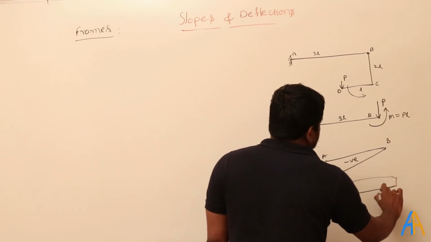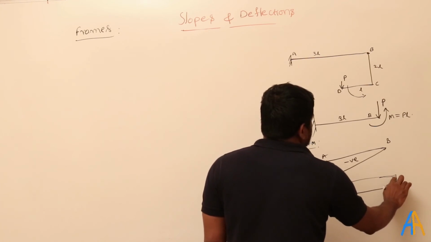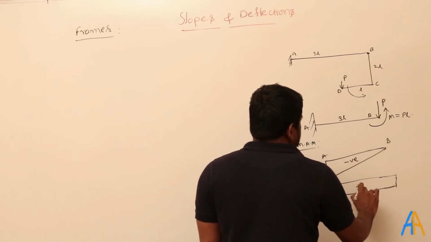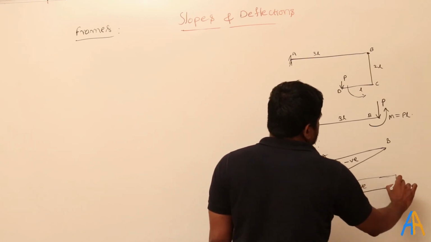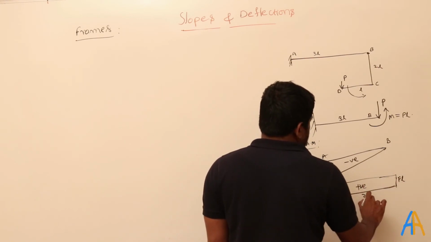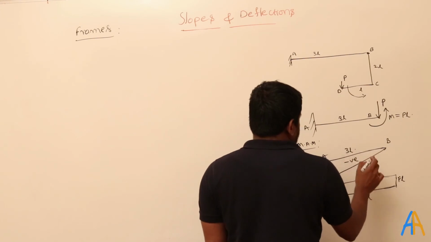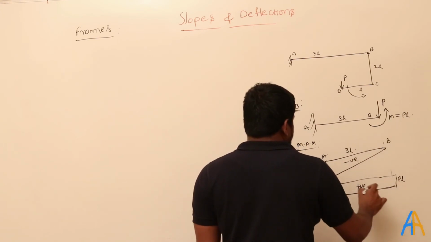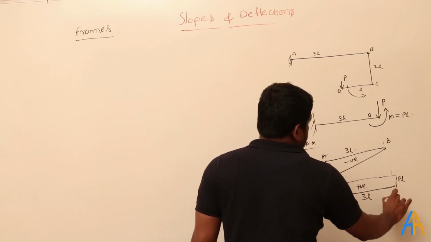Why am I choosing negative and positive, sagging and hogging? This is positive, P into L, and here also P into L. This is 3L and this is 3L.